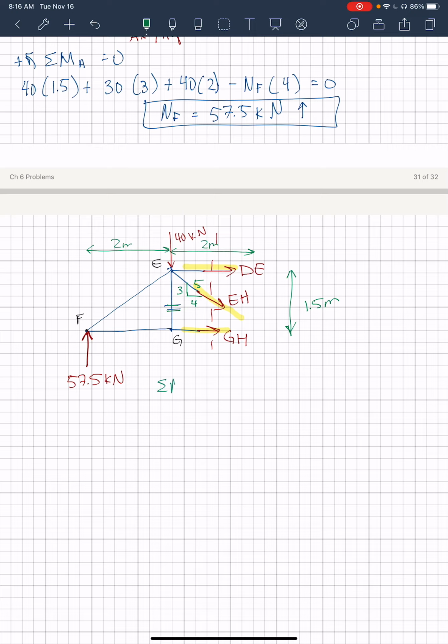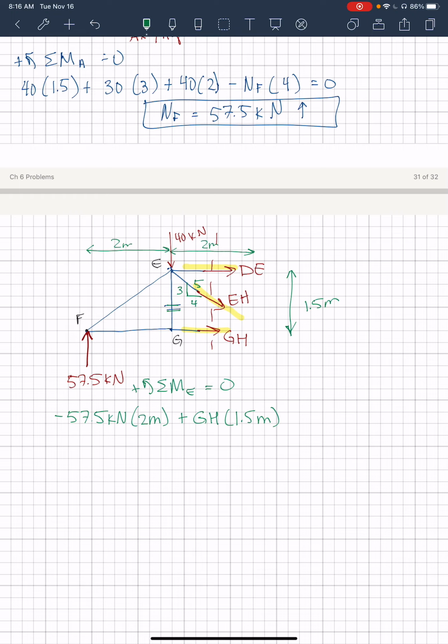So we can sum the moments. Usually I do the moments about the point with the most unknowns, which would be point E, equals 0. We have this 57.5 kilonewton force, which will create a negative moment using the right-hand rule. So negative 57.5 kilonewtons times 2 meters as the moment arm. Then we also have GH, which creates a positive moment, so plus GH times 1.5 meters.